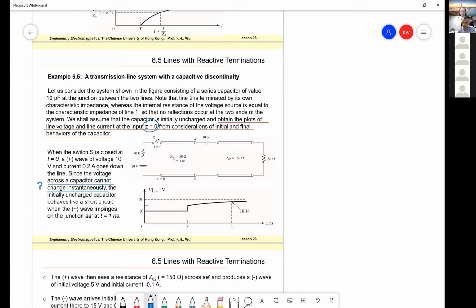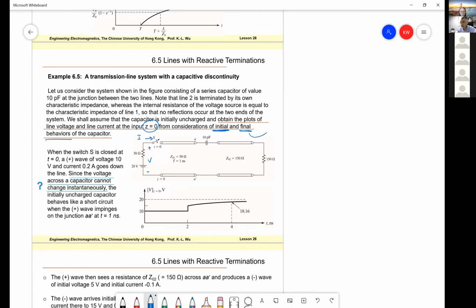Let's find this voltage and also this current. That also suggests we consider the initial and the final behavior.